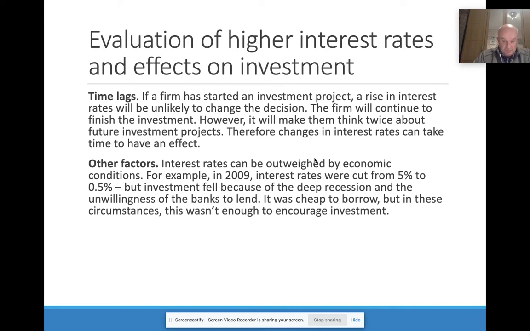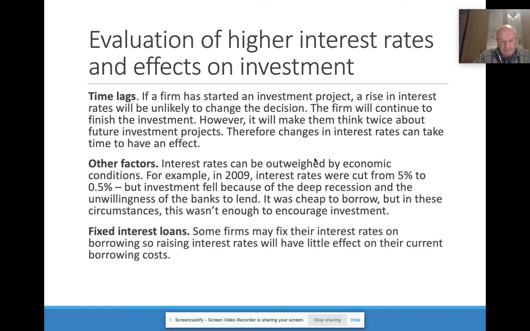Also, the lack of confidence in the economy meant that even though in some instances it was significantly cheaper to borrow money, people still weren't doing so, because they weren't certain about the economic outcomes around the corner.